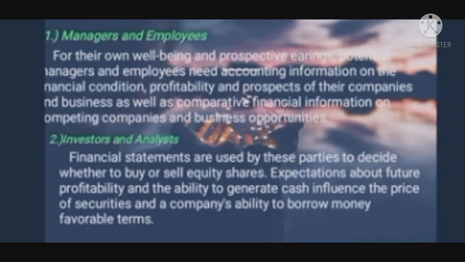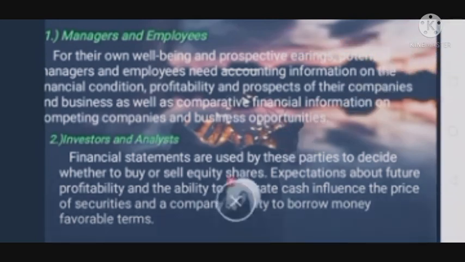Management uses financial statements to raise financing for the company, to meet disclosure requirements, and to serve as a base for executive remuneration and bonuses and for wage negotiations. Second, financial statements are used by parties to decide.